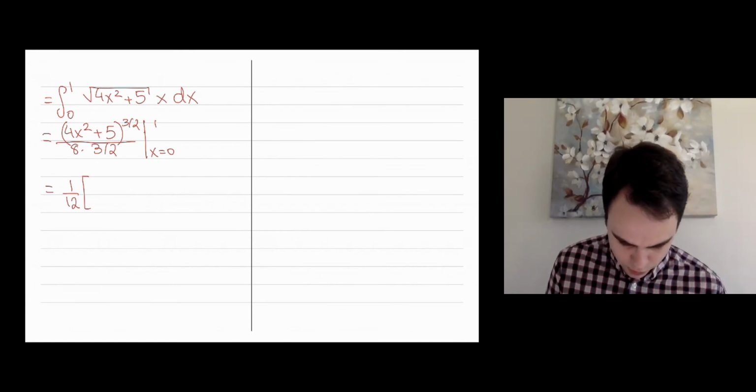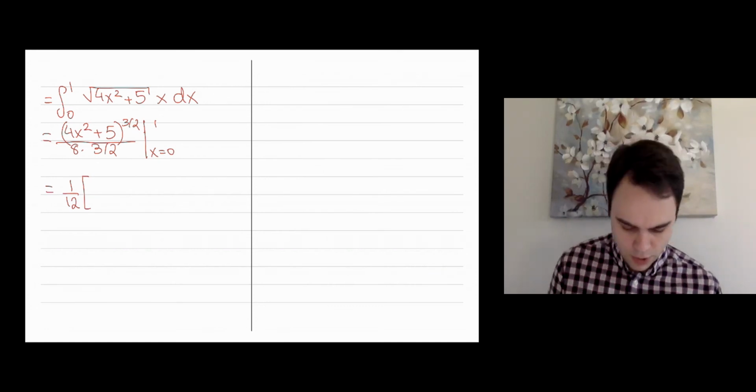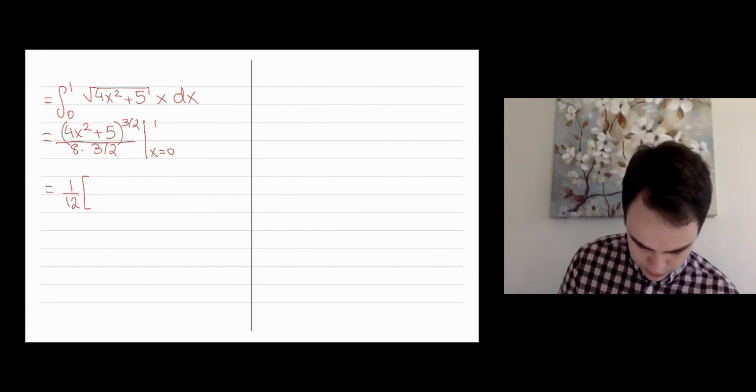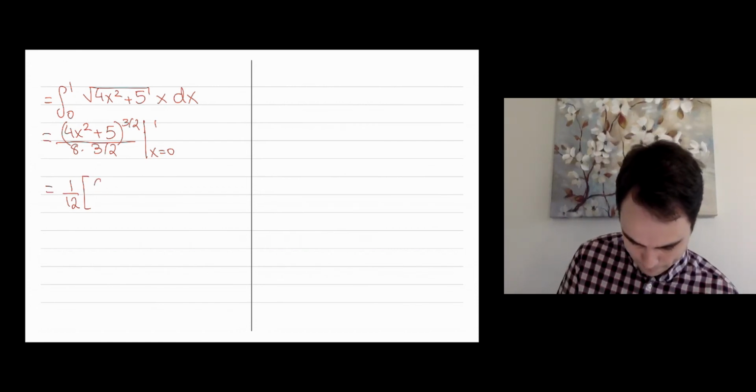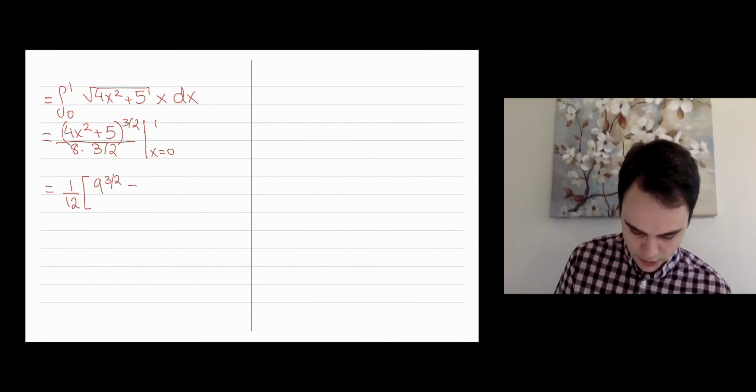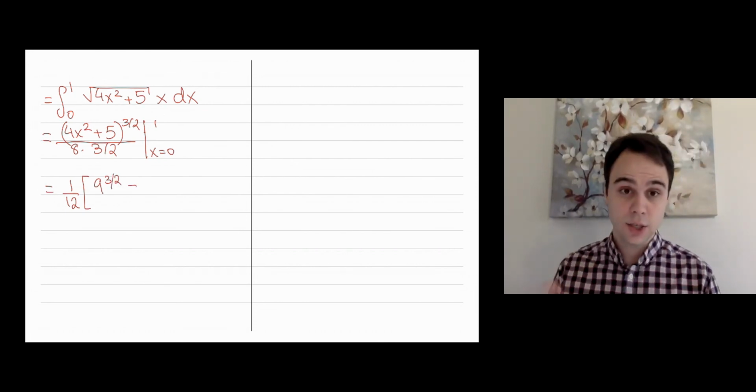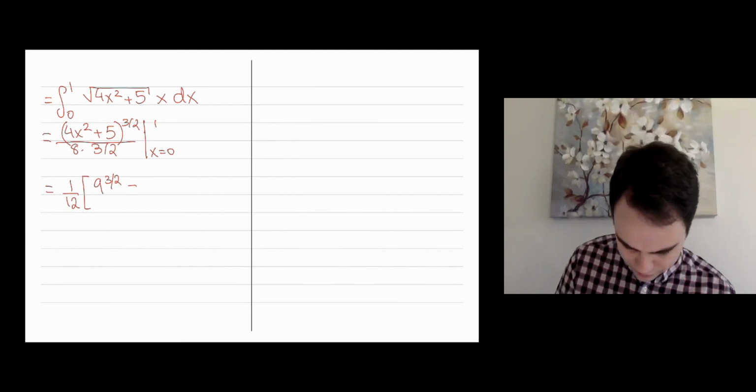What I'll get is, first I'll substitute x by 1. I get 4 plus 5, that's 9 to the 3/2. So 9 to the 3/2 minus what I get by plugging in 0 in place of x. That's 5 to the 3/2.